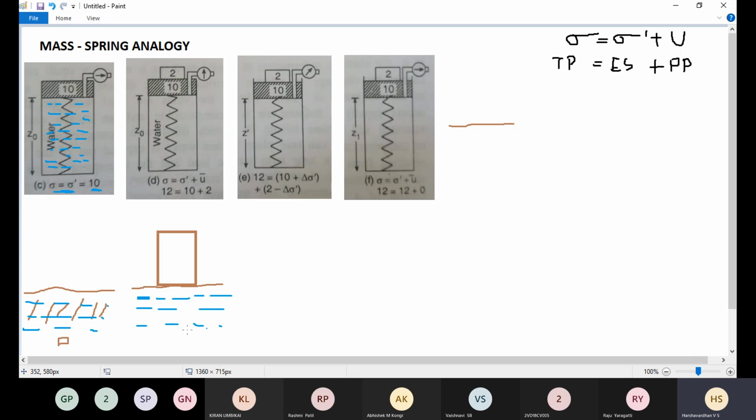Now, because soil is permeable, the water gradually moves out of the soil system.